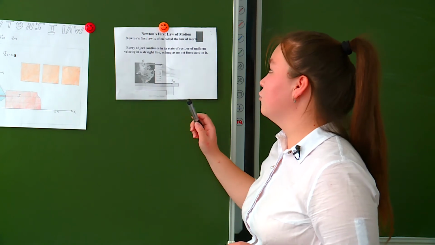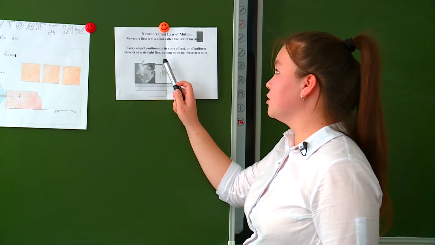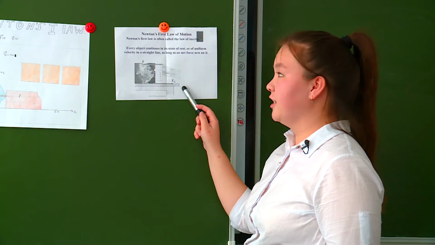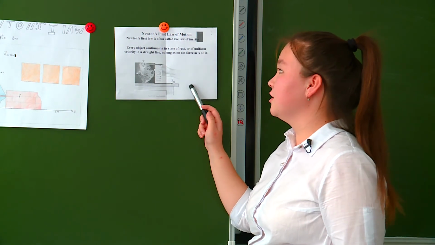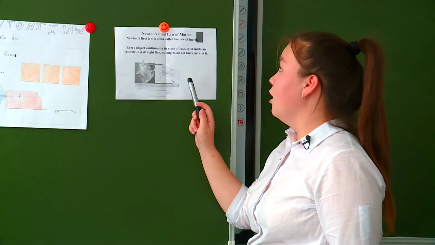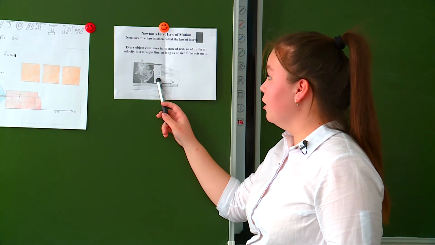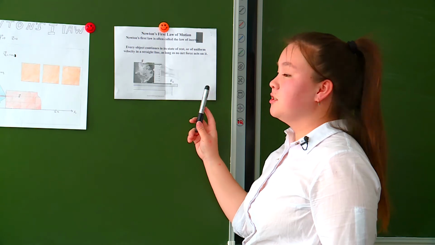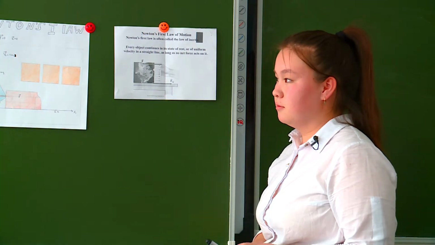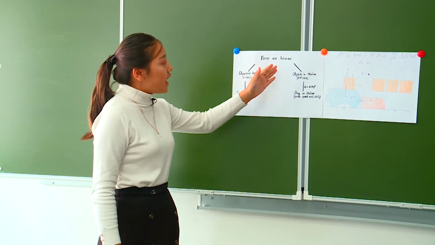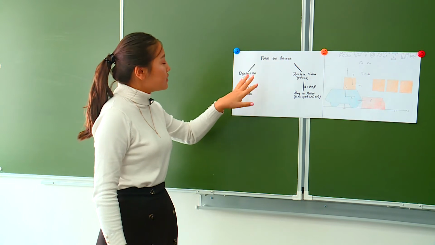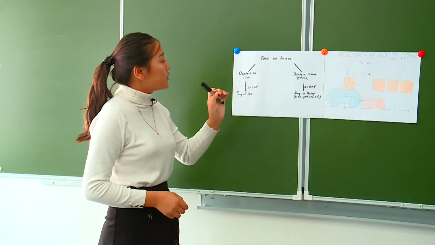Newton's first law of motion. Newton's first law is often called the law of inertia. Every object continues in its state of rest or of uniform velocity in a straight line as long as no net force acts on it. As you see, forces are balanced and they are divided into two groups.